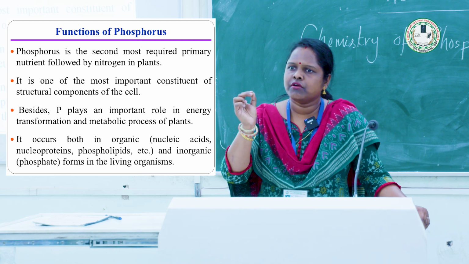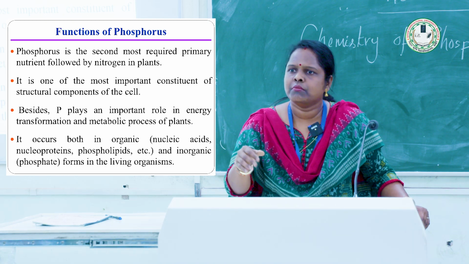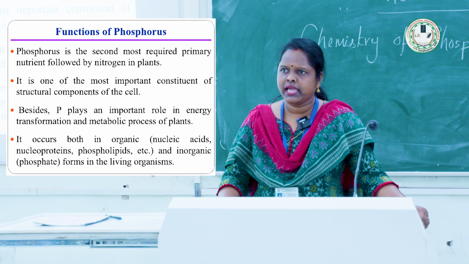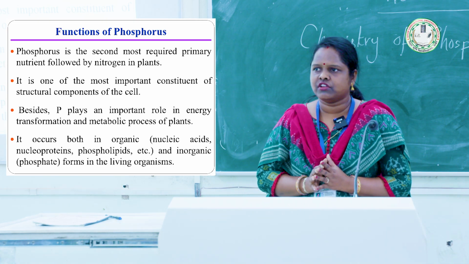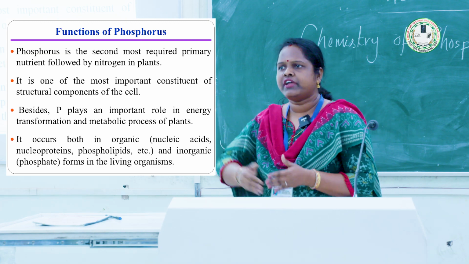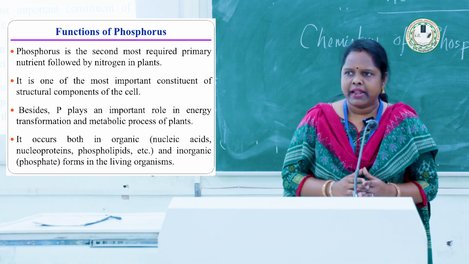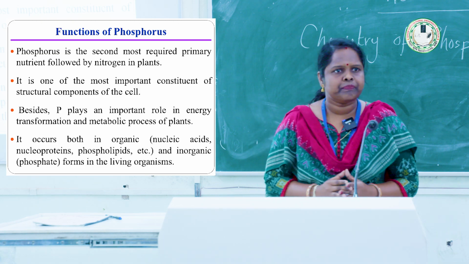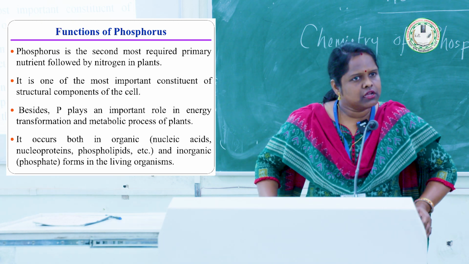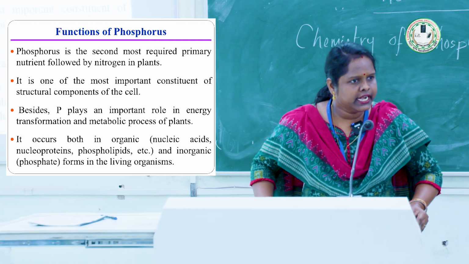Phosphorus is a very important constituent for plant metabolism. If we consider the energy flow in the plant system, or the transport of energy in the cells, then phosphorus is a very important constituent. Clear? It is a constituent of ATP, ADP, nucleic acids, nucleotides.